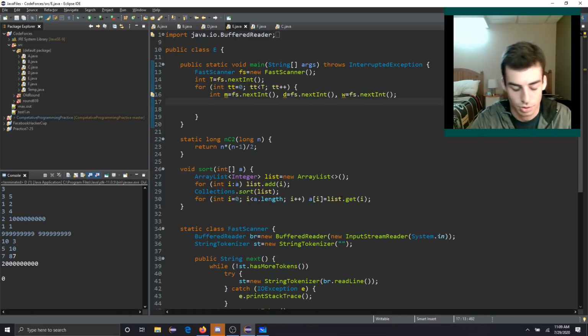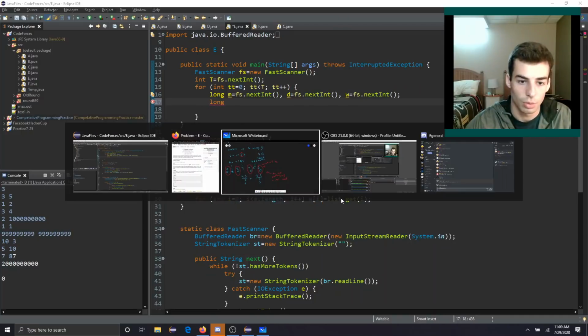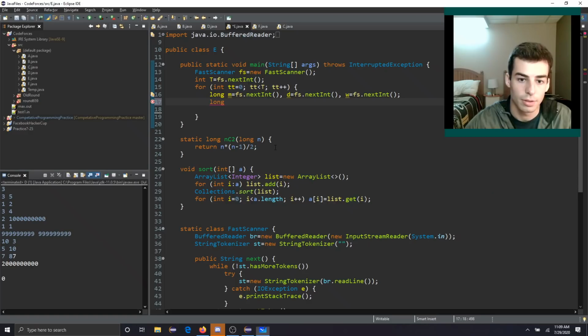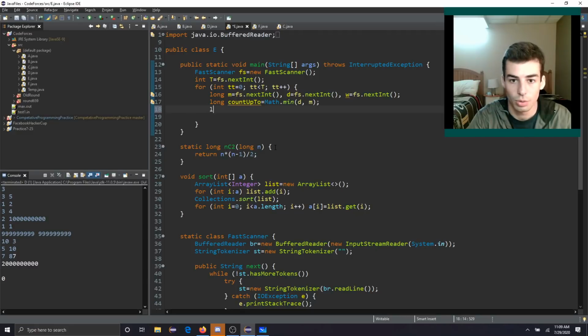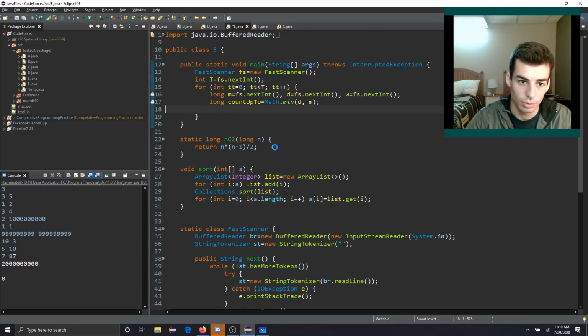Okay, so let's make these longs. Long, what did I call this? The count up to. That's going to be the minimum of the number of days in a month and the number of months in a year. Okay. So now, long mod, we're going to GCD.